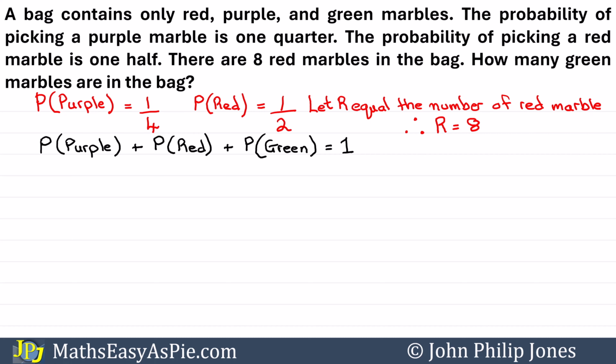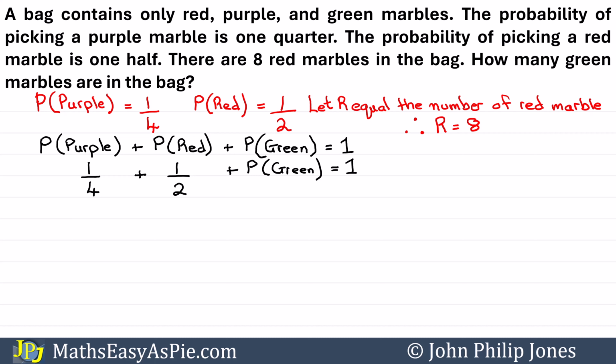We can rewrite this using the figures we've got from above. So we can write down 1/4 for the probability of picking a purple marble, plus 1/2, which is the probability of picking a red marble, plus the probability of picking a green marble, which we don't yet know, and of course all of this will equal 1.